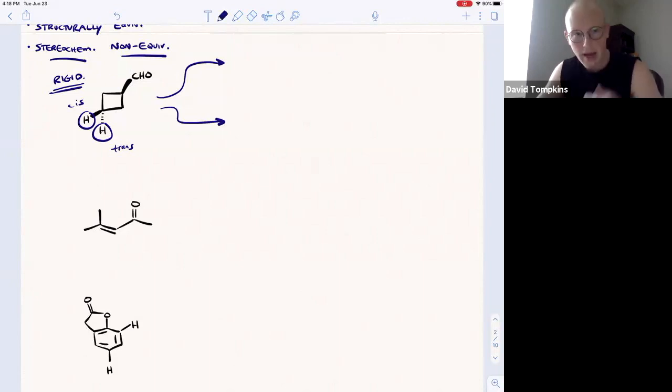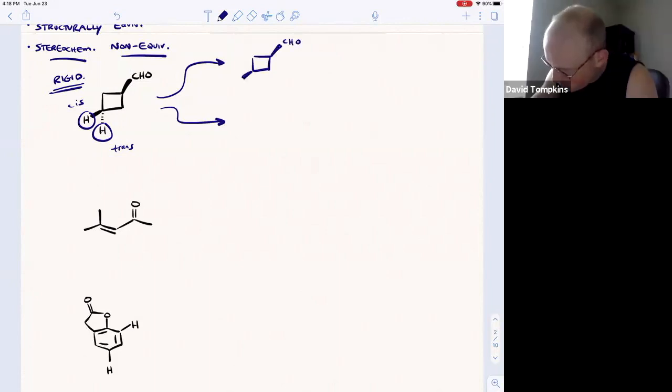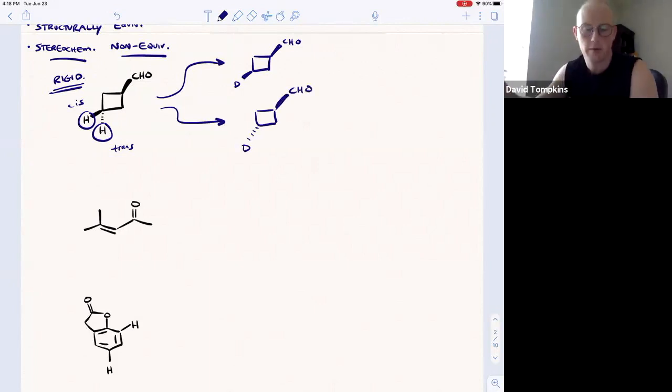So the aldehyde's on the front of the ring, and that causes the two faces of the ring to be different. In other words, replacing one proton with deuterium is going to produce a different stereoisomer compared to if we replace the other proton. This is the cis isomer, where deuterium and aldehyde are on the same side, and this is the trans isomer.